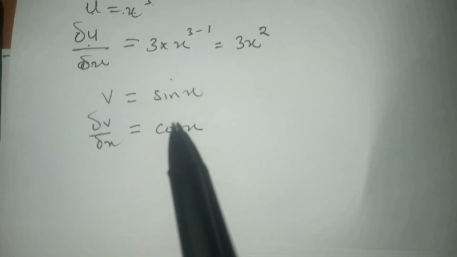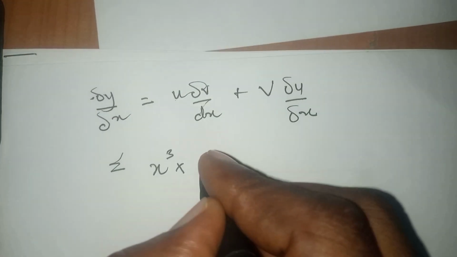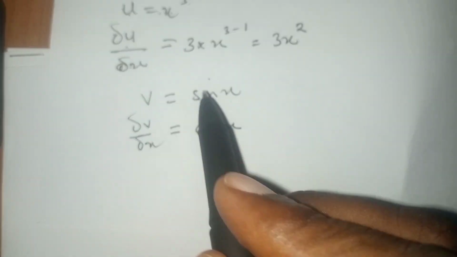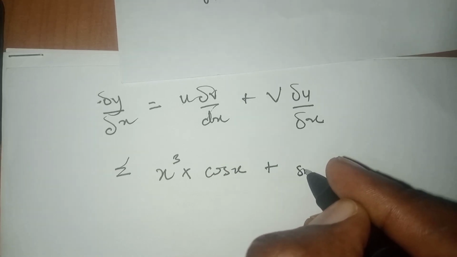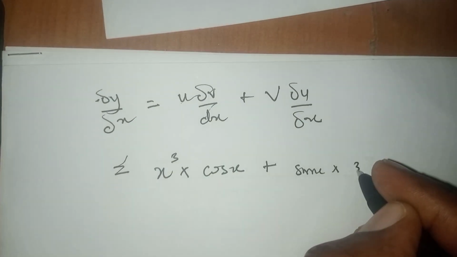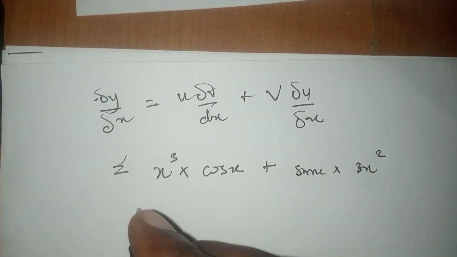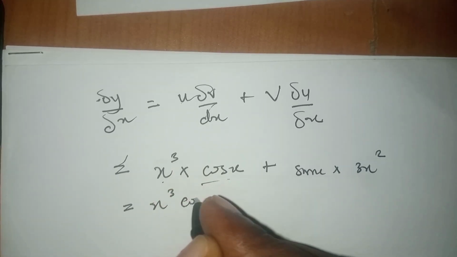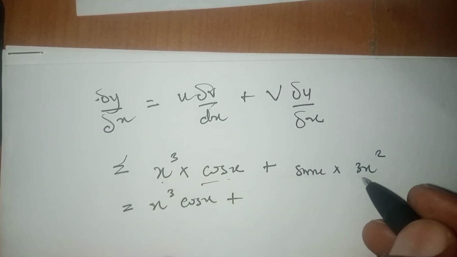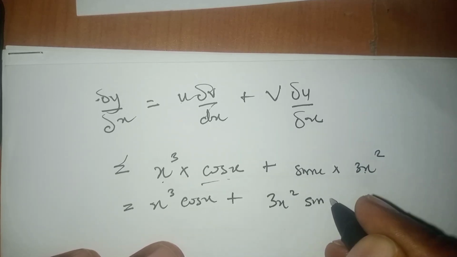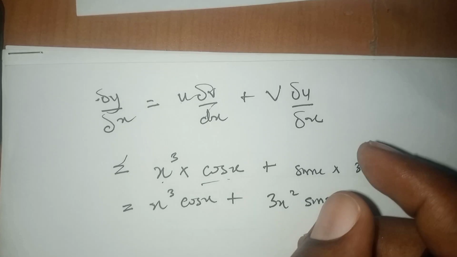What's dv/dx? dv/dx is cos x, times cos x, plus v. V is sine x times what is du/dx? du/dx is 3x squared. So this will be x cubed cos x plus 3x squared sine x.